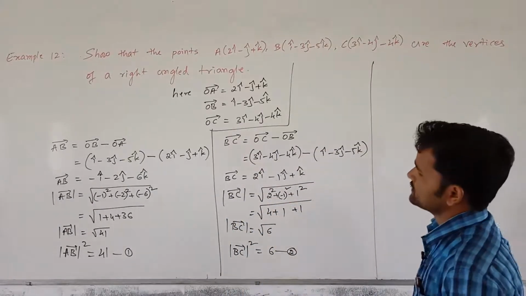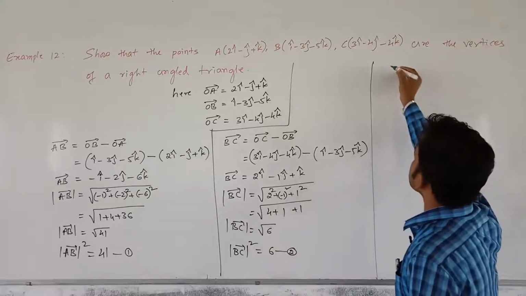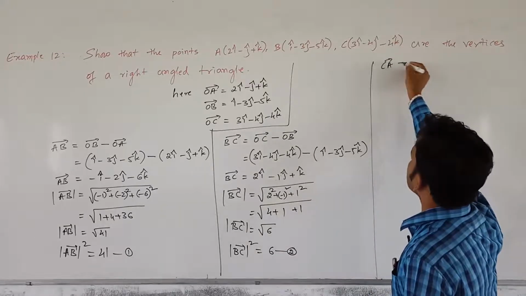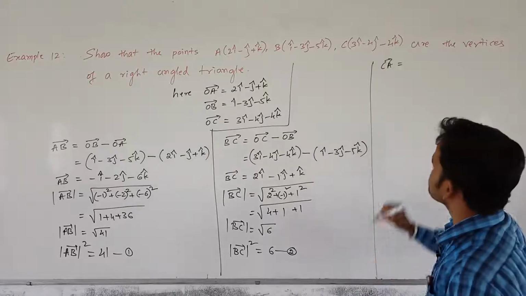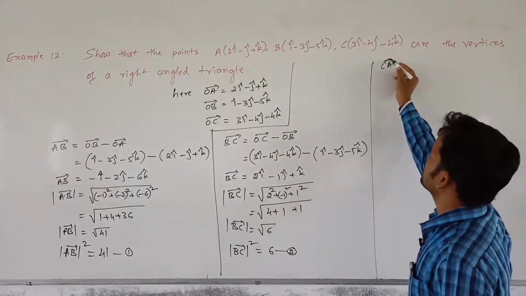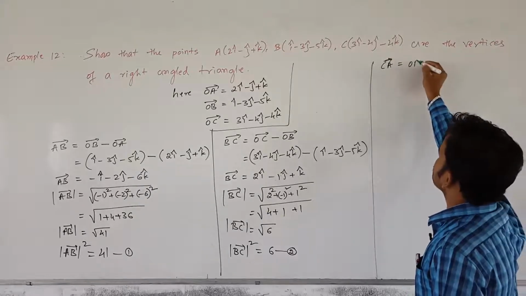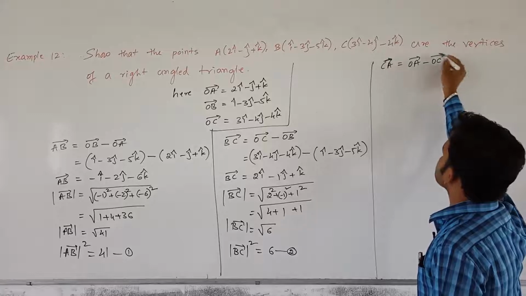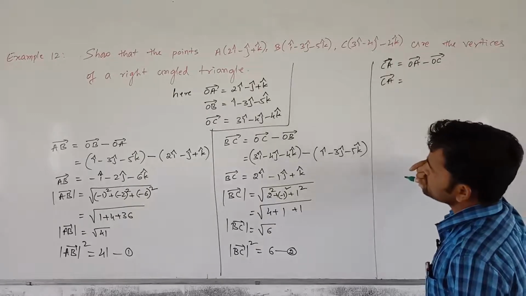Now we will find the length of the third side, that is vector CA. You can take AC also, no problem. Anyhow we want the length here, not the vector. CA is OA minus OC. What is OA?